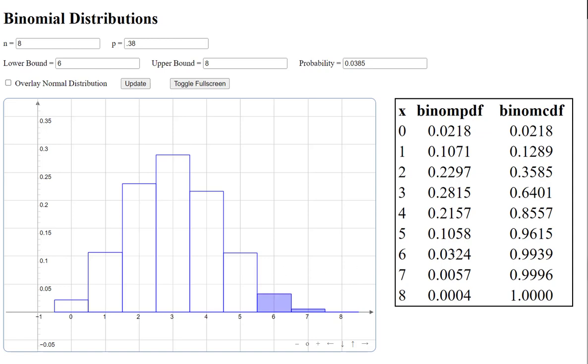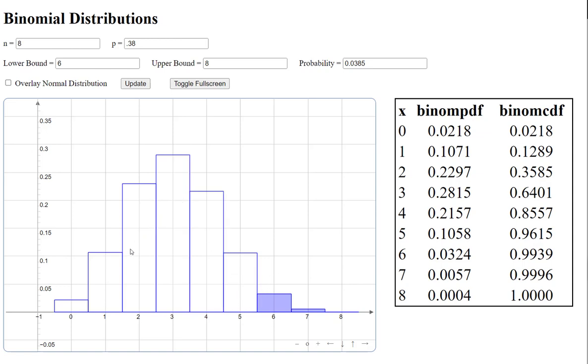And again, I could take binomial PDF for 6, for 7, and 8 and add those together. But binomial CDF can still work. The only problem with binomial CDF is that it only counts starting with x equals 0 up to a given input. So I can't just do binomial CDF with x equals 5 and get the right answer.